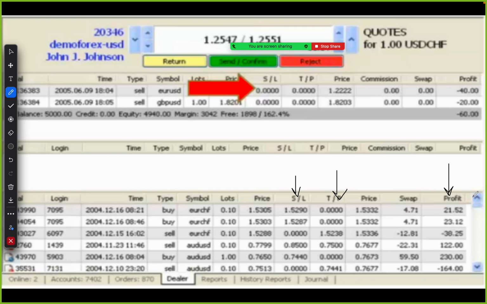Or how much loss the broker is holding against that position for you in the particular case where you would be winning. This stuff is going to start making sense.